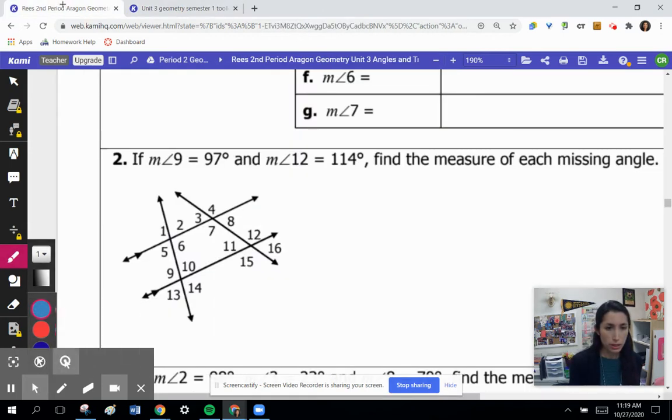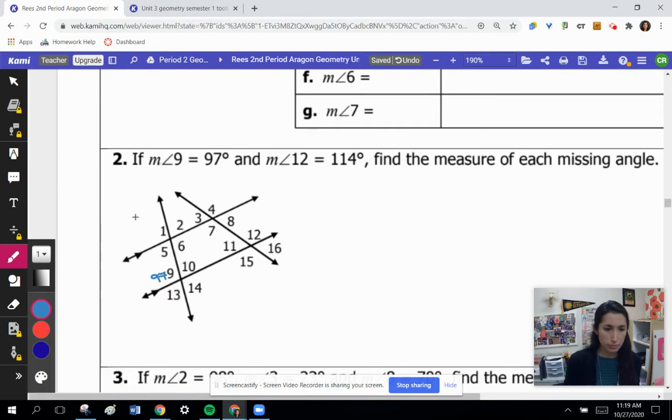So if we look here, we've got angle 9 listed as 97 degrees. And so what I'm going to look at here is the angles related to this transversal. So they are all going to have the same, essentially, relationship.